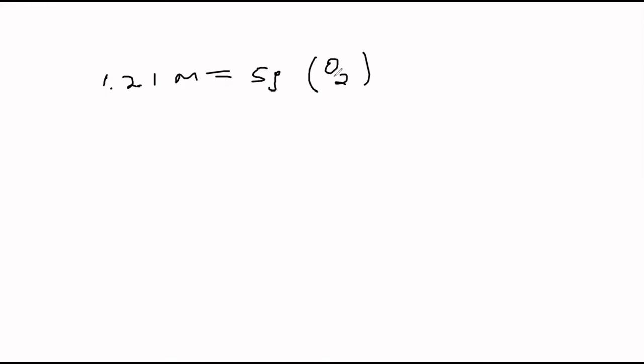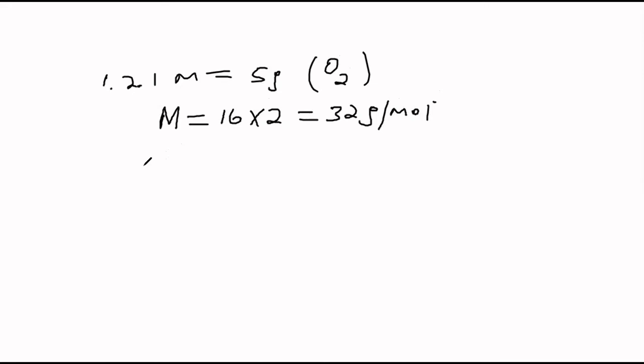That is oxygen gas, which is diatomic. So from the periodic table, the molar mass of oxygen is 16. But how many oxygen atoms do we have? We have 2 of them. So if we multiply 16 by 2, we get 32. The molar mass is given in grams per mole.